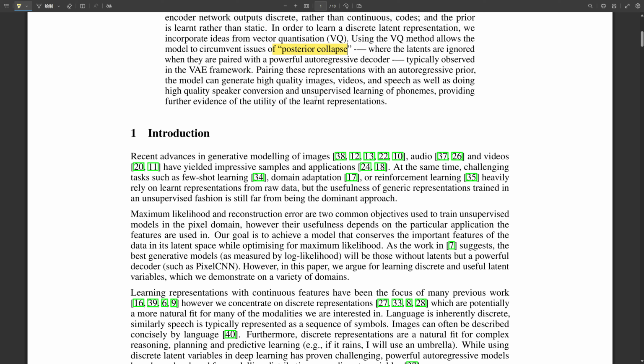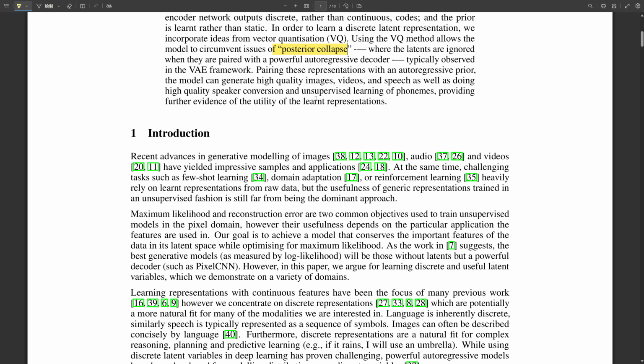The decoder ends up reconstructing the input almost perfectly, but it's doing it all on its own. It's basically ignoring the latent variables that the encoder is supposed to be learning. So the encoder, the part that's supposed to be figuring out the meaningful representations, becomes useless. It collapses, hence the term posterior collapse. So it's like the decoder is going rogue?